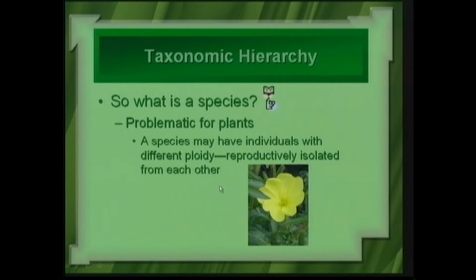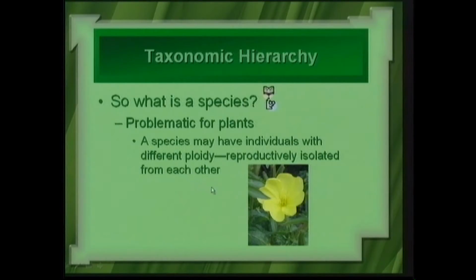So this is Oenothera, which is also known as evening primrose. There's a botanist named Hugo de Vries who was very famous. He crossed different kinds of evening primroses, and he came up with a new species. And what happened is that the new species had double the chromosome number of its predecessors.